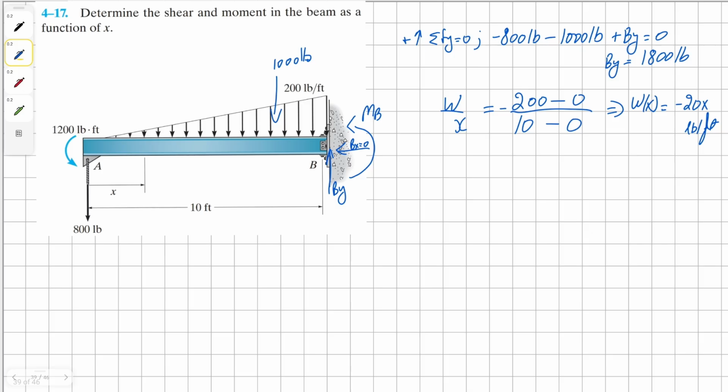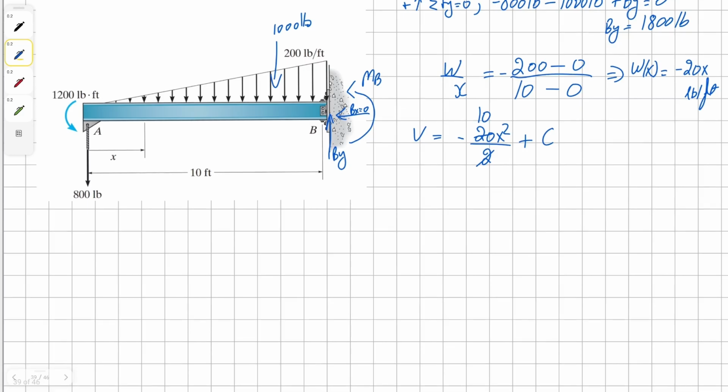Now we can take the integral of this load equation to find our shear equation as a function of x. So we're going to have negative 20x squared divided by 2 plus our constant. We can simplify this, and it becomes negative 10x squared for our quadratic equation here.